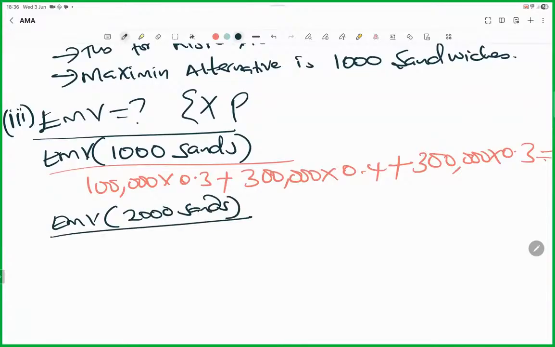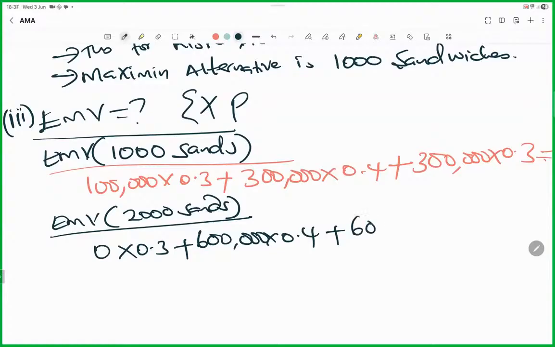I can see the payoff, the zero there, times 0.3, 30%, plus 600,000 times that probability of 0.4, plus 600,000 times 0.3. Are you able to give me this answer, somebody there? 20,000? Thank you so much.